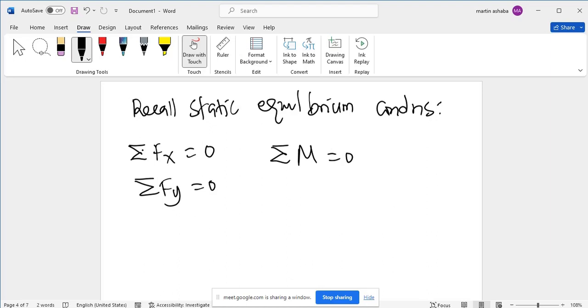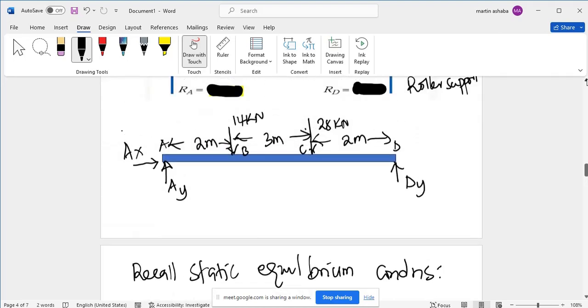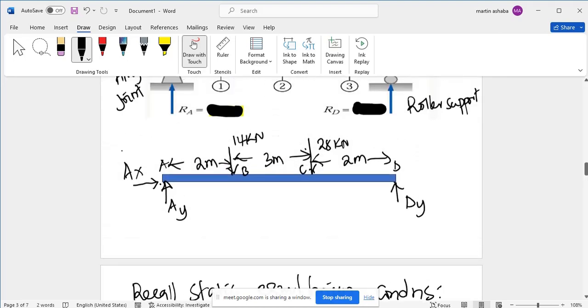So having remembered these static equilibrium conditions, then we need to go further and state the underlying equations that are going to result in calculation of AX, AY, and DY, because we cannot go ahead and calculate shear forces and bending moments if we don't know the value of the reaction at D and the value of the reactions at A. So we proceed and start with the one in the x direction.